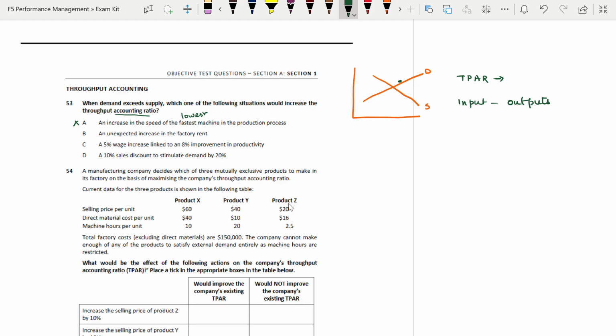Okay. See, an unexpected increase in the factory rent. I agree with you, it has no relation. But see, simultaneously, is it right?